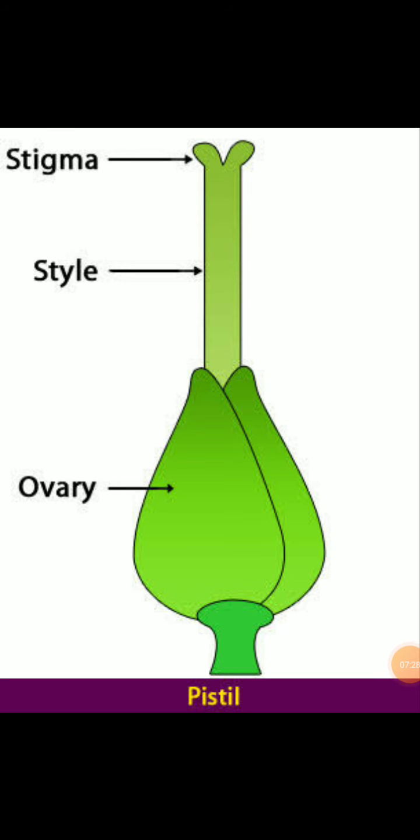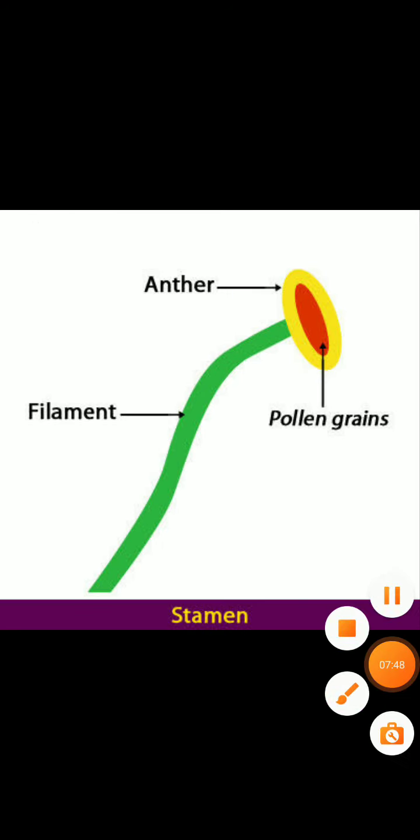So here the female gamete is ovum, or we can say egg cell, right? Pistil is the female reproductive part which contains ovum or egg cells, and those are female gametes.